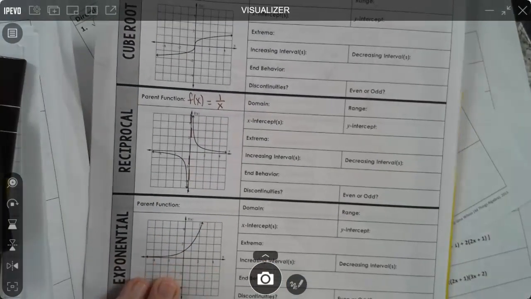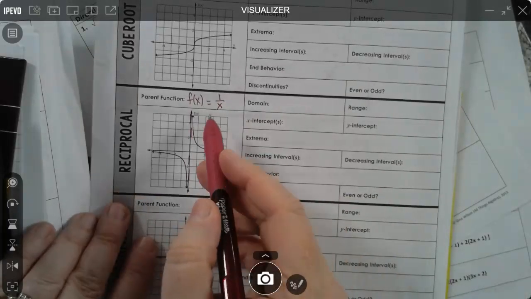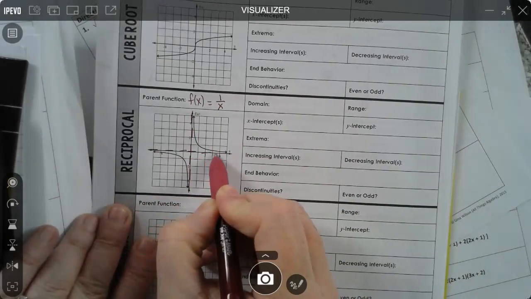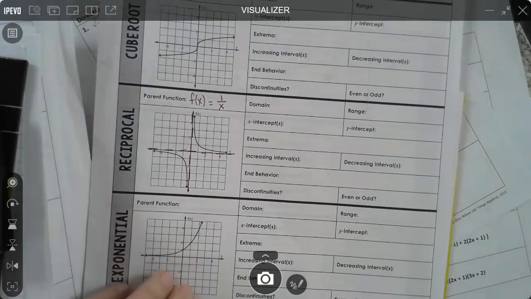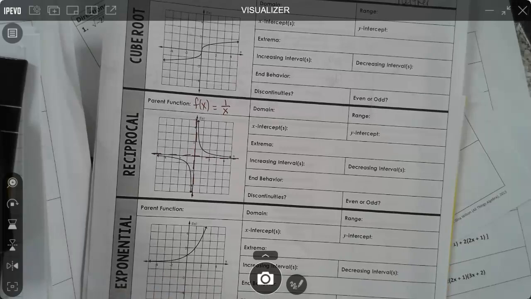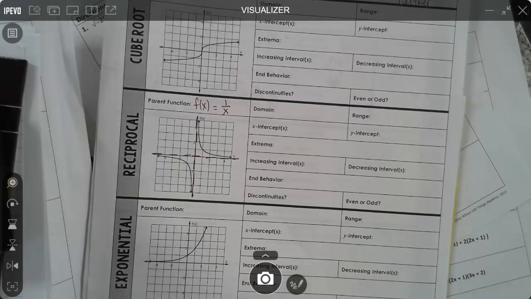It's invisible. It's a boundary in the middle. The parent function also has a horizontal asymptote at y equals 0. So I've got these two asymptotes that are going to cause me some problems, but if you know that they're there, it's going to help you with your domain, your range, your discontinuities, all that good stuff.